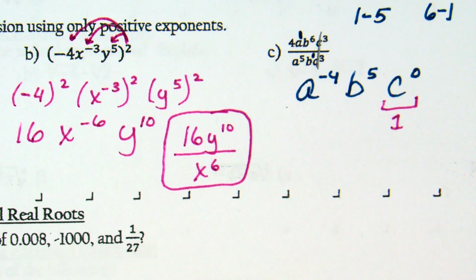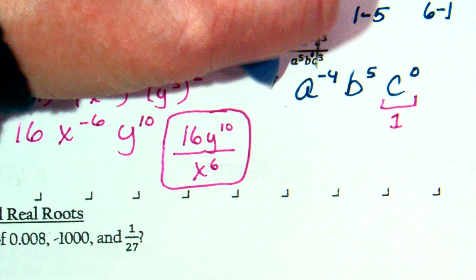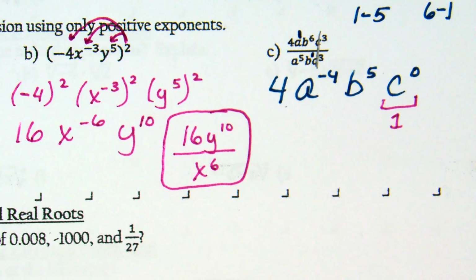Now, what's the one thing that I left out here? That 4 out front. That 4 is just a number out front, right? So a coefficient. Is there a number on the bottom out front? No. So that 4 is just a 4. You can think 4 over 1 if you want. So I have 4, a to the negative 4, b to the 5th, and c to the 0, or 1.